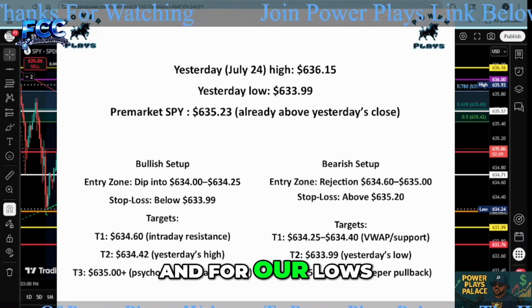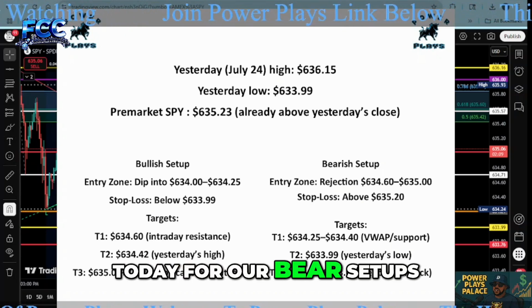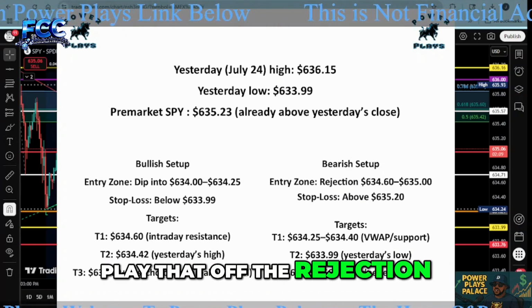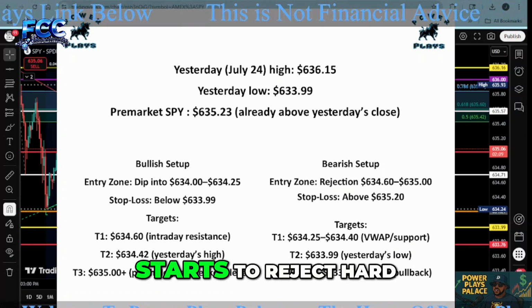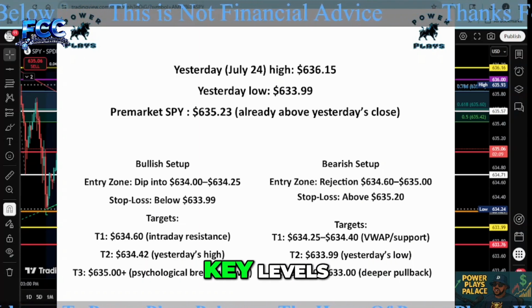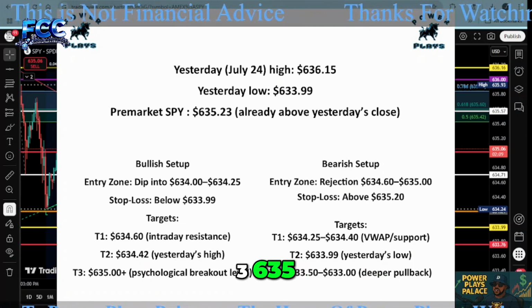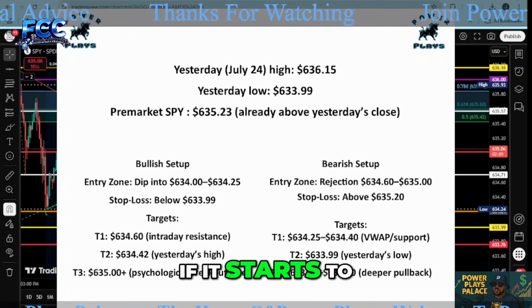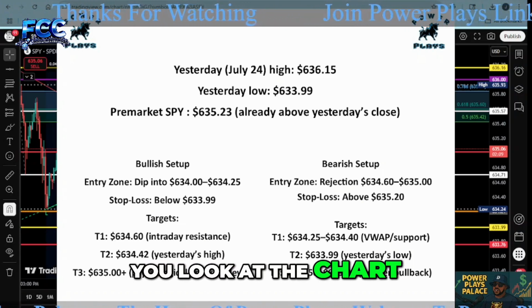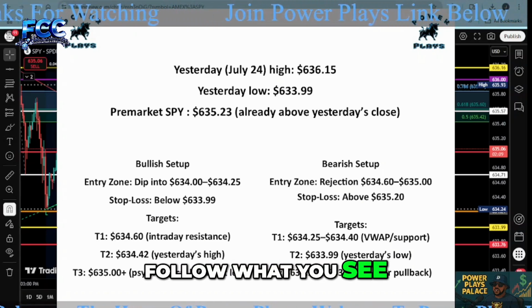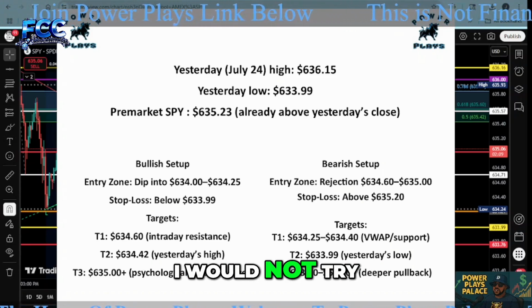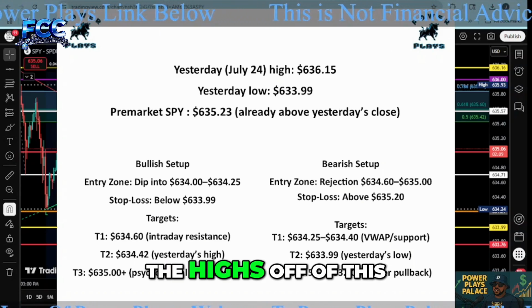All right, and for our lows today, for our bearish setups, you want to play that off the rejection. If it starts to reject hard off any of these key levels, 635, 634, or 636, you can look at the chart, follow what you see. Then you want to try to play off of those levels. I would not try to project the highs off of this.